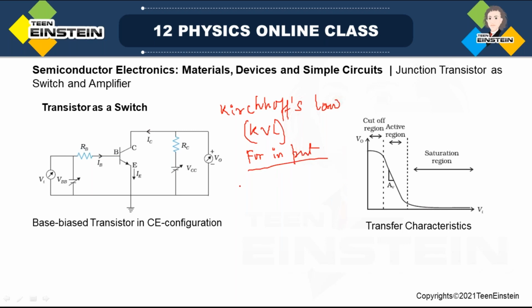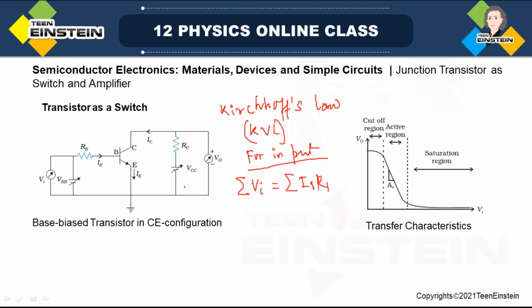So you know what KVL is? KVL says that the sum over the EMF in a closed loop, sum over V i, will be exactly equal to the sum over the voltage drops across the various resistances, I R, or I1 R1, whatever.